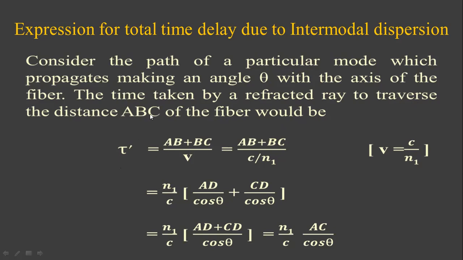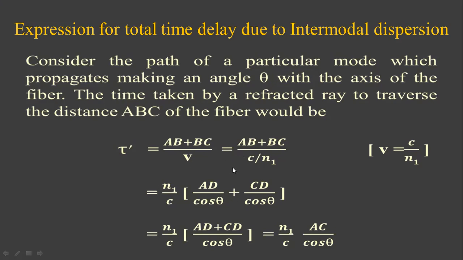This ABC is a pulse. So actually we are counting the time taken by the light to move through a distance equal to the pulse width. AB plus BC is the actual path traversed by the light, and divided by velocity it gives the time.